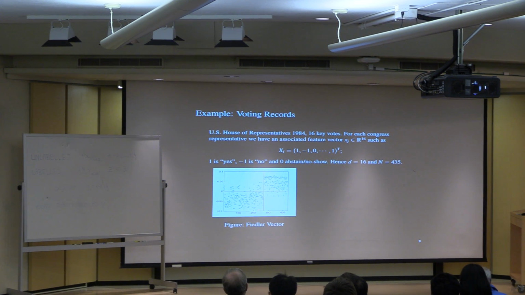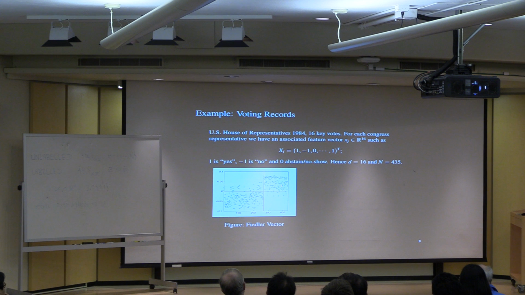And here I've ordered the data so that the ones to the left are Democrats, and the ones to the right are Republicans. And what I'm plotting here is the Fiedler vector of that Laplacian, and what I would like you to take away from this slide is that the Fiedler vector already does a pretty good job of partitioning the data into 2 groups.